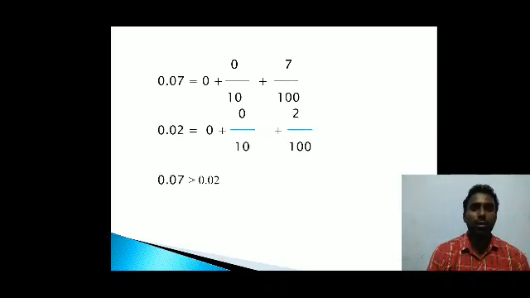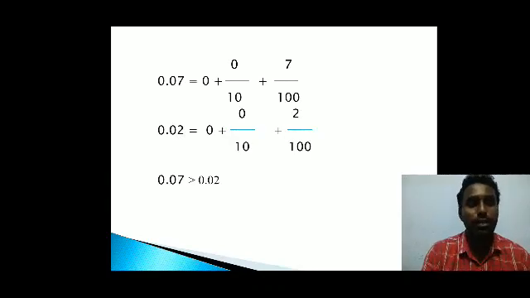So if this kind of problem is given, first you have to identify the whole number, whether a whole number is there or not. Whole number means: before the decimal point, is there any whole number given? If the whole number is greater, from that itself we can predict which will be greater and which will be smaller.